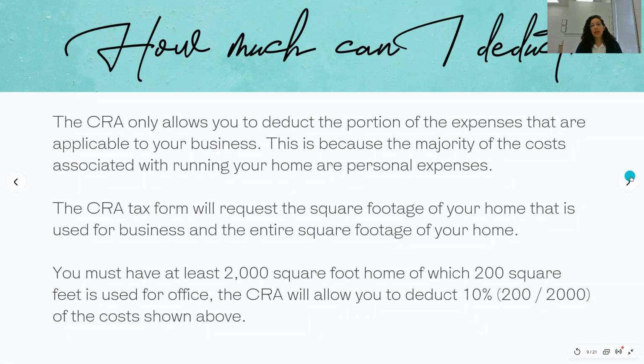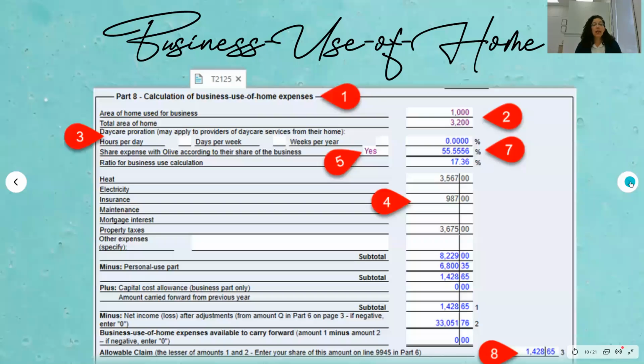Basically, if you have 9 rooms and you use 1 room for your business, they do a calculation here as to what percentage that is. And this is again the paper form, which nobody's probably using, but it helps you understand what you can deduct and how they process it.